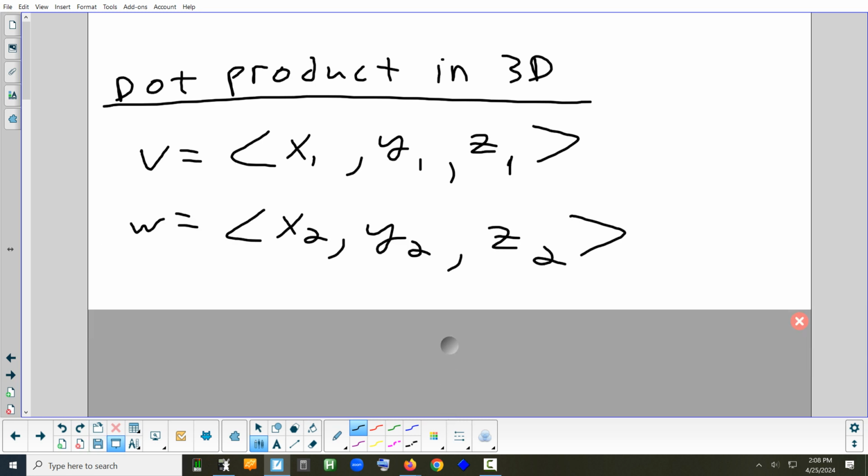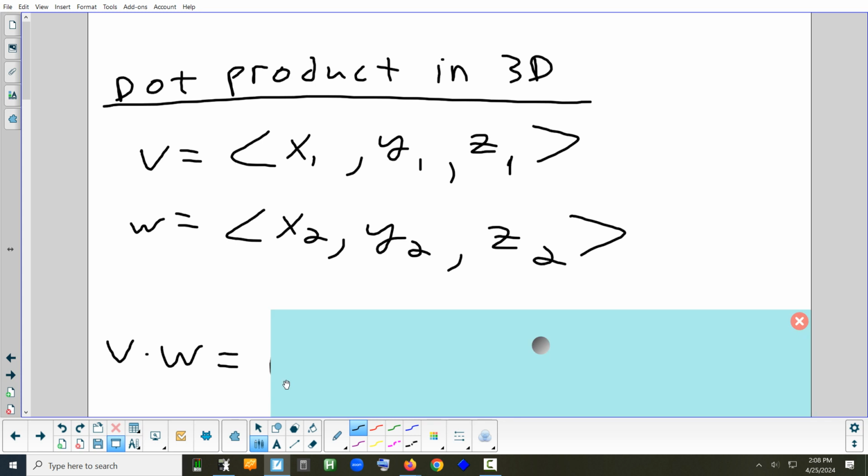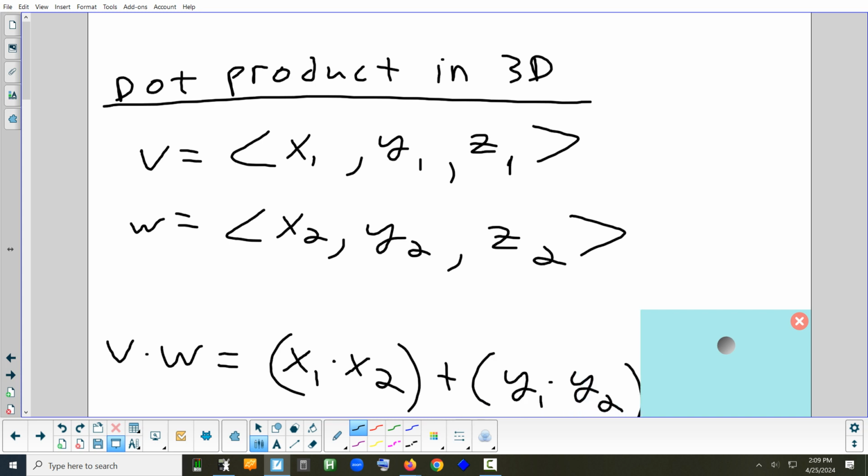Okay. So if I wanted to find the dot product between those two vectors, let's see if you can figure out what the formula is. What do you think the first two things I would multiply are? You're going to multiply the two x components together. And then what's going to come right after that? We're going to add, and multiply the two y components.